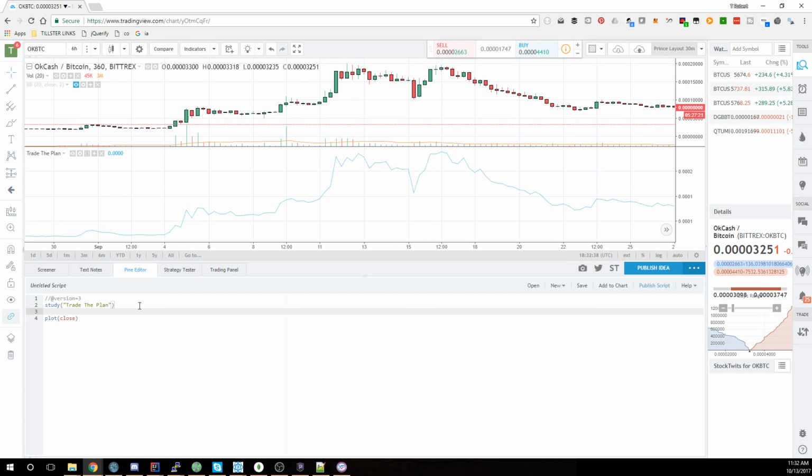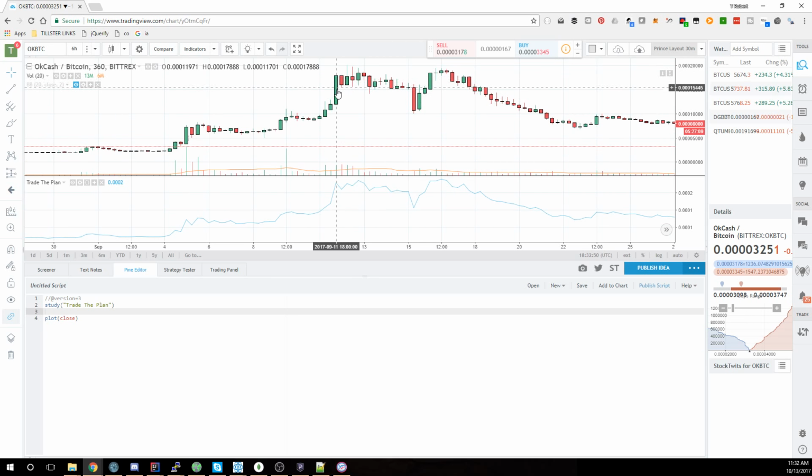Let's say that we wanted to see the range that we were moving within. Instead of plotting the close, let's plot the size of the candle, how big the candle is, because that's actually a little bit more interesting.